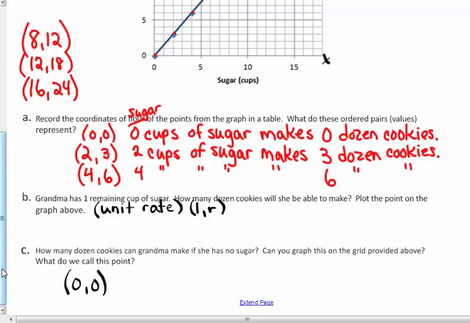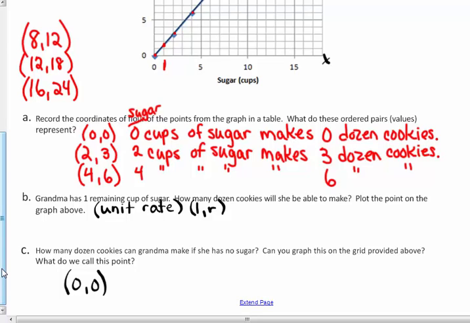Letter B, Grammy has 1 remaining cup of sugar. How many dozen cookies will she be able to bake? Plot the point on the graph above. Well, 1 cup of sugar, this is what's called the unit rate. When x is 1, right here, this first little line there, how many dozen cookies can she make with 1 cup of sugar?